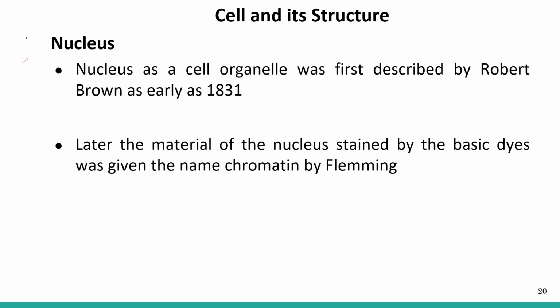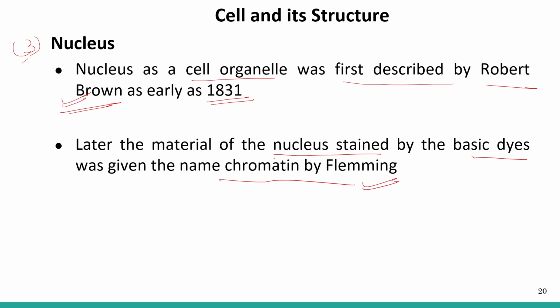Okay, so the third organelle is the nucleus. The nucleus, as a cell organelle, was first described by Robert Brown in 1831. Later, the material of the nucleus stained by basic dyes was given the name chromatin by Fleming.